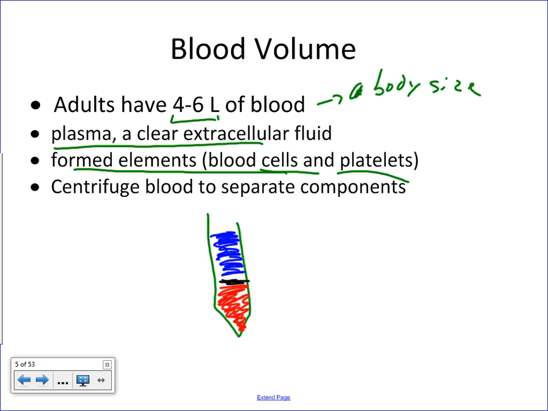What we have on the bottom are the formed elements, because cells are heavier than water. The cells rest on the bottom of the tube, and up here we would have the plasma.